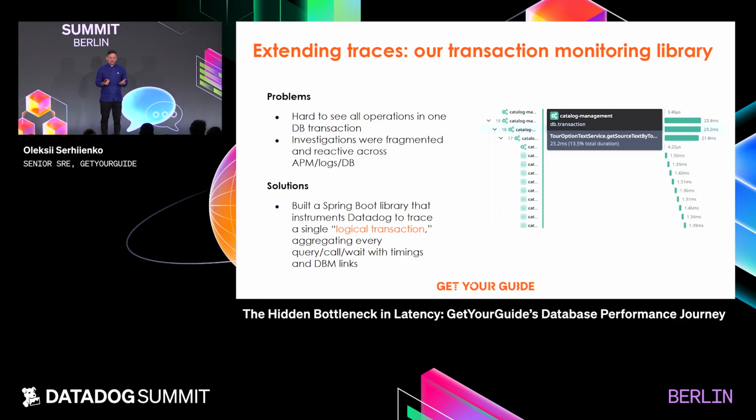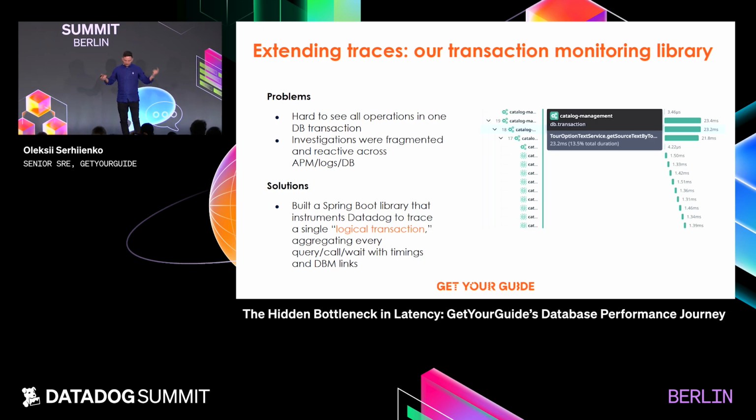And then he saw, okay, I want to see what transactions are conflicting with each other on a trace level. But automatically it was not provided. So what he did, since the Datadog trace agent is very flexible, he wrote a wrapper around it as a library that would group all these database queries, all these spans, into one transaction.